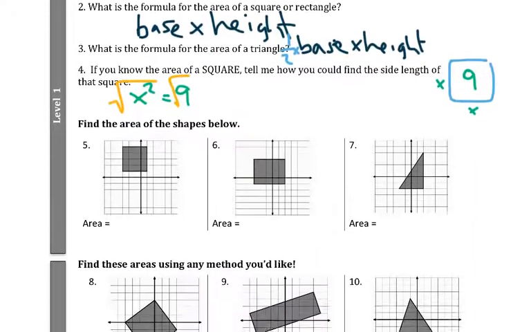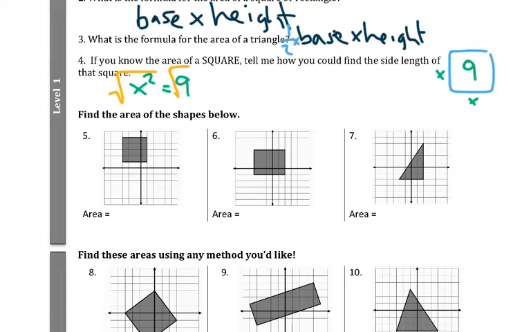Okay, let's do questions 5, 6, and 7. And again, as I'm explaining question 5 especially, I'm trying to explain to you more ways that you could answer question 1. The way that we measure the area of the square in question 5 is we want to know how many little squares are inside of the big square.